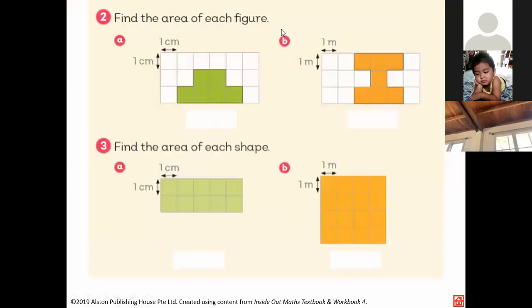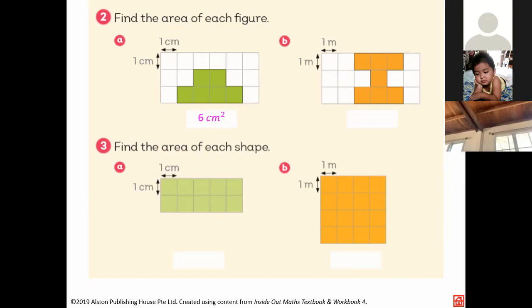Find the area of each figure. For letter A, 6 centimeters. Very good. So 6 centimeters squared. Class, don't forget the squared. All right, next, letter B.